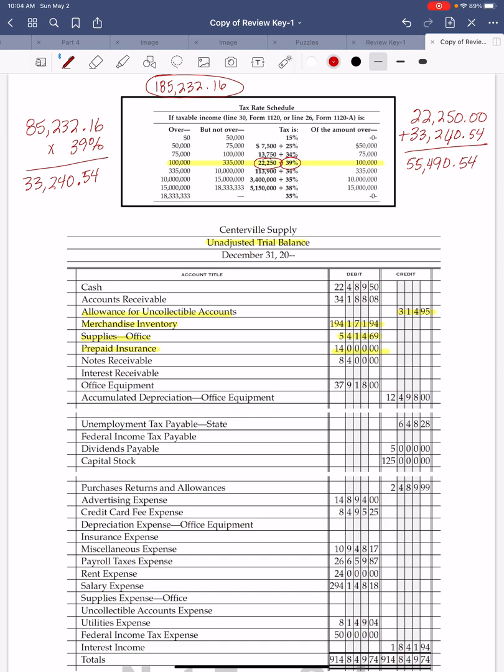Again, if you look down here, we will see that we have already paid $50,000 in taxes. So we're going to take out $50,000 that we've already paid in quarterly payments, and we'll see that we owe $5,490.54. And that is the amount of our adjustment.